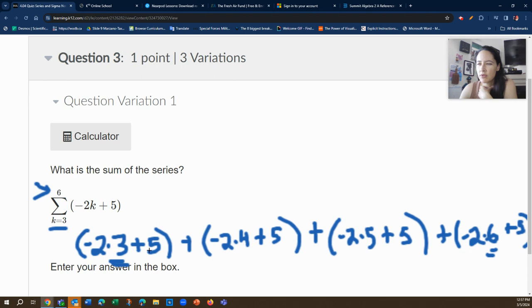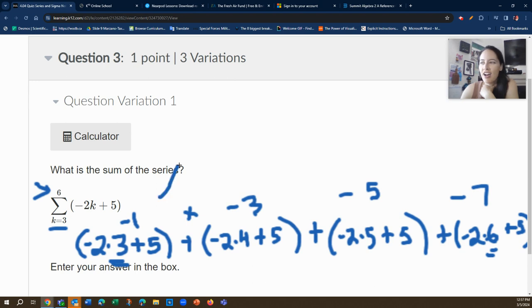Now we evaluate. You can use a calculator, though. Negative 2 times 3 plus 5 is negative 1, plus negative 3, plus negative 5, plus negative 7. And look at this.